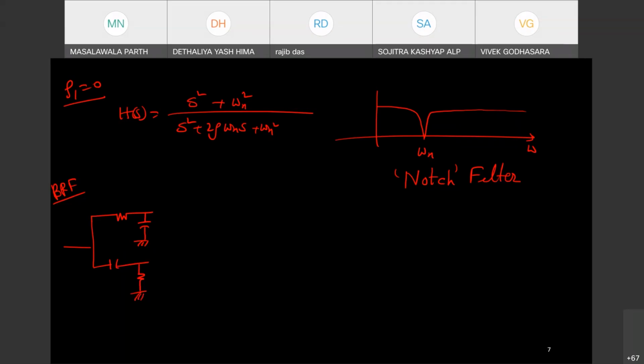Then we need to add them. If I put one resistance in series, it will remain a low pass filter, it doesn't matter. Similarly, if I put a capacitor in series, it will remain a high pass filter. Then these two ends we can connect together. So this circuit can behave as a band reject filter.